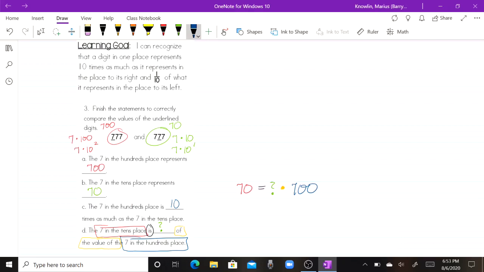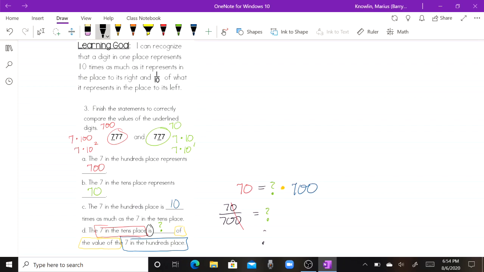Well, once again, if I want to solve for my question mark, my question mark is equal to 70 divided by 700. And if we do this properly, I can reduce, this is going to reduce to 7 over 70.